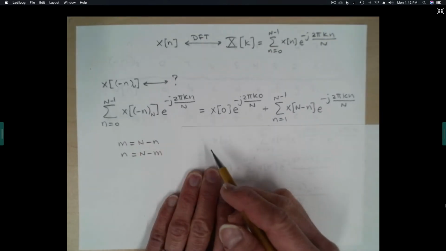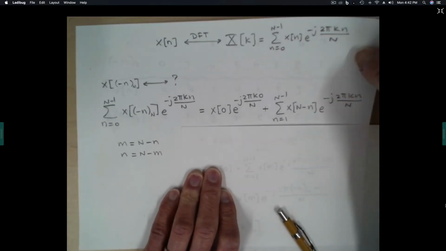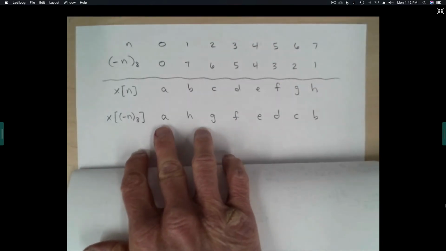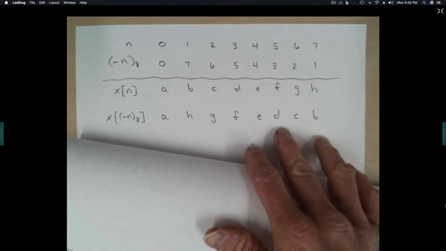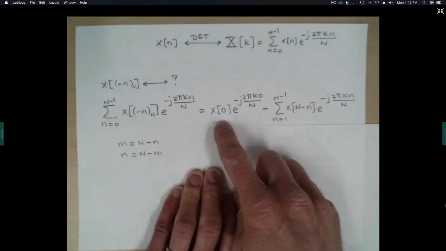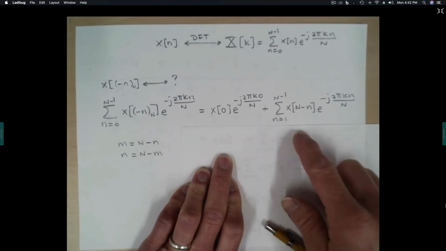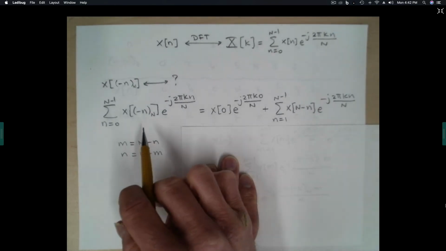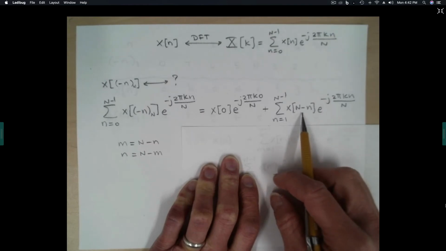Why are we doing this? Well, it goes back to the ideas that we were just talking about. In a circular time reversal, the first sample stays the same and all of the other samples get a reversal. So we're going to take that first sample and treat it as a special case. So we pull it out of the sum and leave all of the other terms in the sum. And then notice what's happened here. We went from a modulo N index to an index that looks like this.